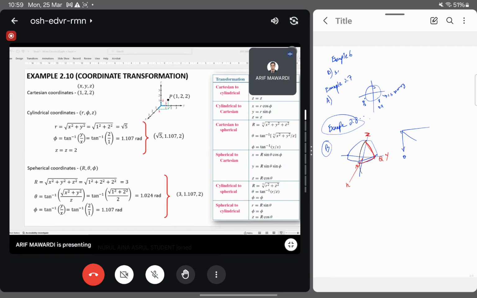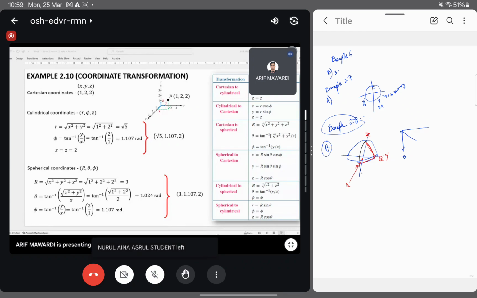Now I want to convert from the Cartesian coordinate system to the spherical coordinate system. If I refer to this table here, I want to convert from Cartesian to spherical. So I will use these three equations here.